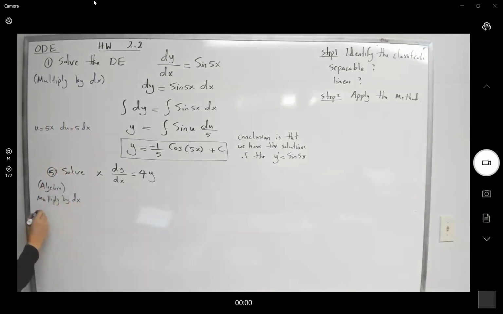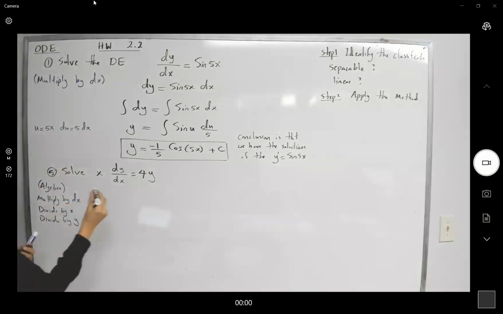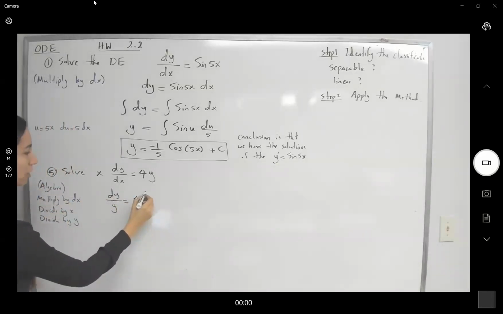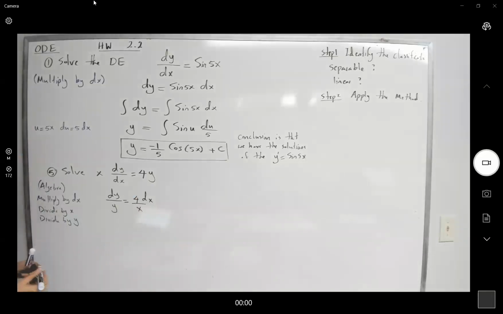Then divide by x, divide by y, and what do we get? We get dy over y equals 4 dx divided by x. As you can see, you have a separable differential equation.